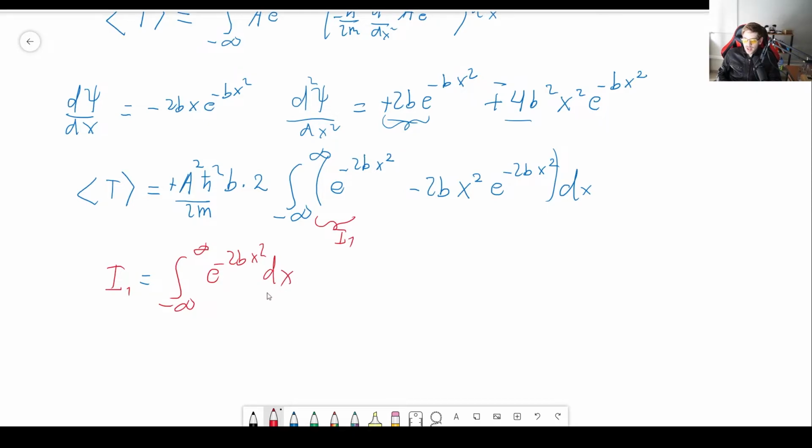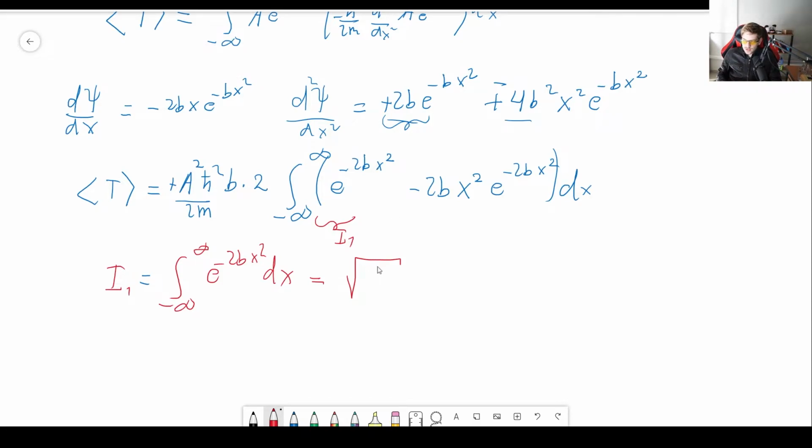Gaussian integrals are integrals of the form minus infinity to infinity of e to the minus something x squared. And in that case, you cannot use manual integration. You have to use some sort of numerical method. So I recommend that you learn this by memory.